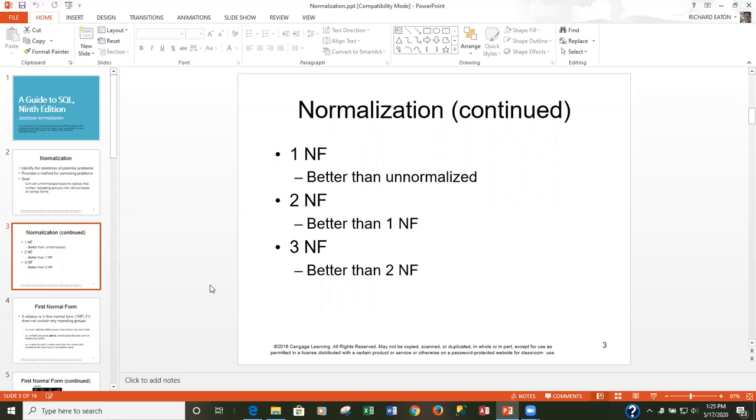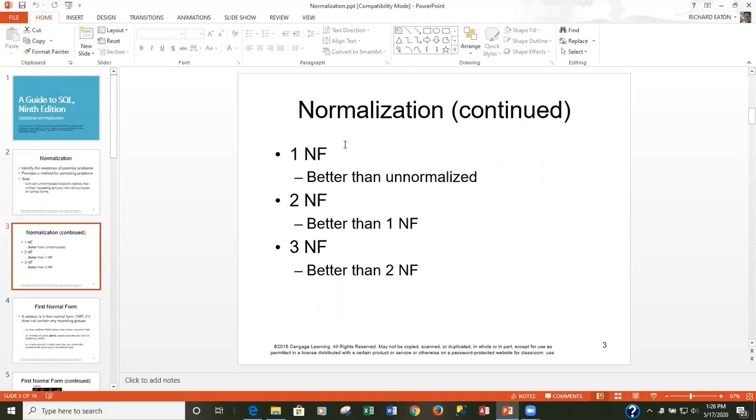But only the first 3 we'll be talking about today. The 4th and 5th normalization rules are a bit arcane, obscure, and I think most database designers pretty much don't pay any attention to those, and they focus only on the very first 3. And so that's just fine for this class.